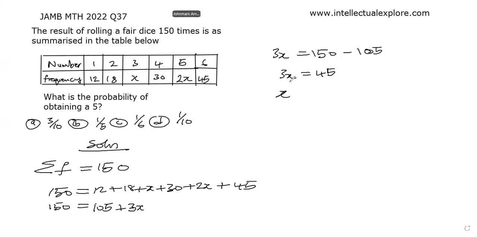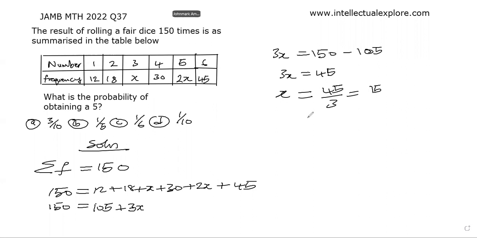If you divide both sides by 3 to make x the subject, x will be 45 divided by 3, which equals 15. So our x is 15. That means 15 is here, and here will be 30. That's 2x, which is 2 times 15, 30.